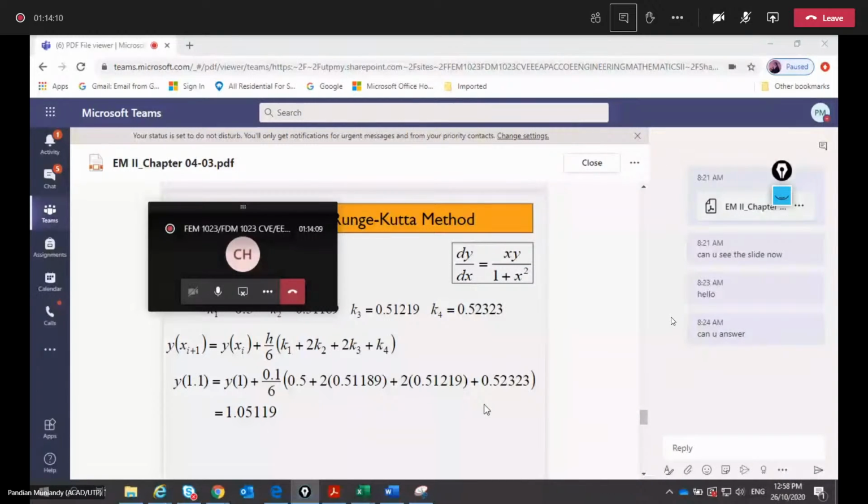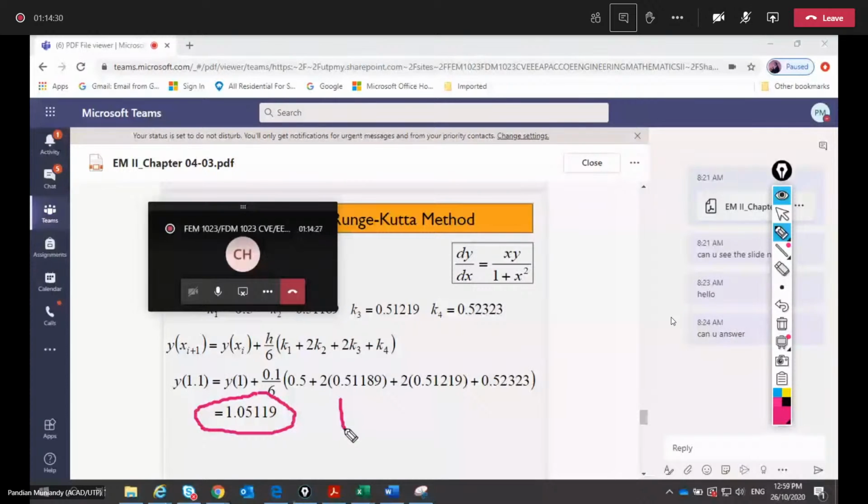This is your homework. The answer at 1.1 is already known. At 1.2 we don't know, and then 1.3 we don't know, and then 1.4. If you do 3 more iterations, then you will know whether this answer is stable or not.